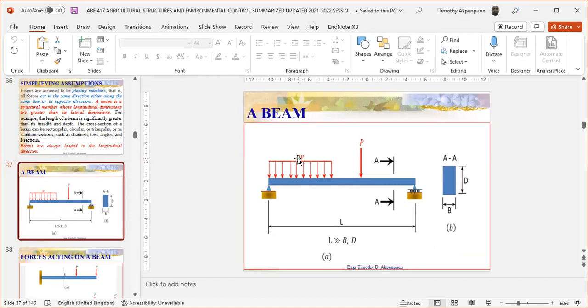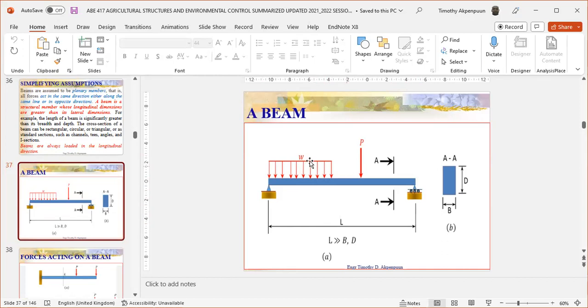Decking of a building is distributed load. And if you go to the farm environment, if you have a platform and you spread your garri on the platform, that is distributed load. While P is point load, or pointed load, acting at a singular point.